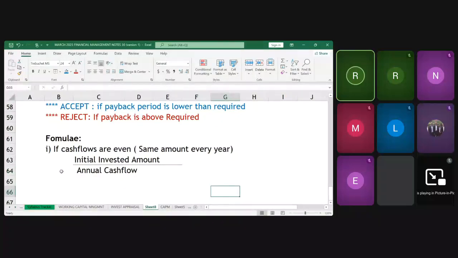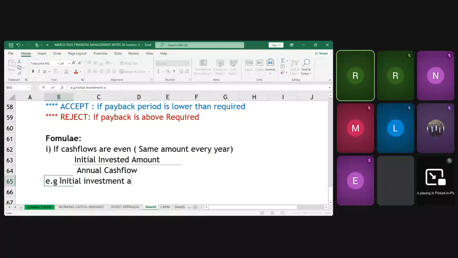Right, let us have a quick example. This is quite easy and straightforward. The initial investment amount is 5,000.